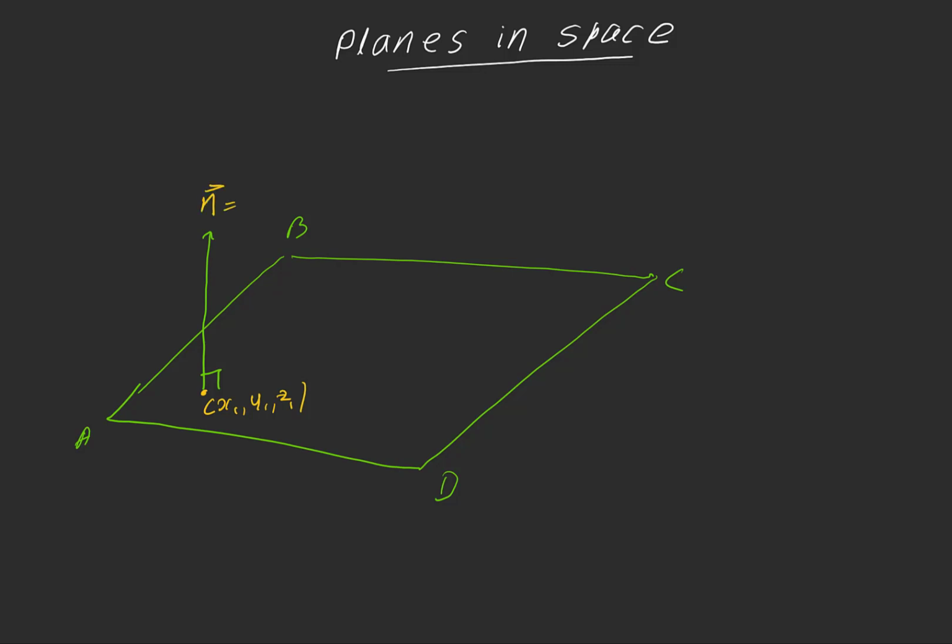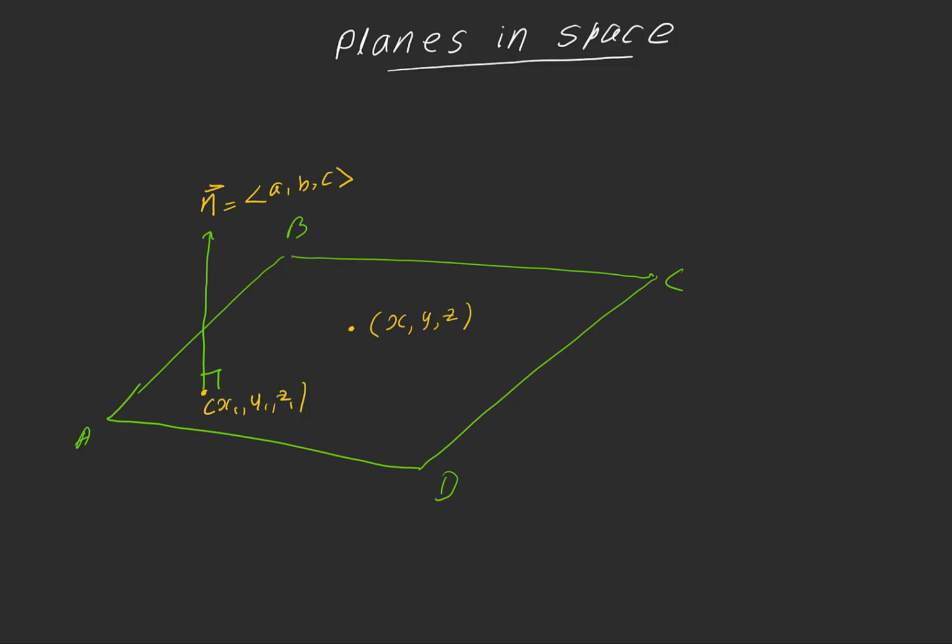I use A, B, C. We can define a special plane. We can first find a point on this plane from anywhere. So this is a general point. We don't know this exact one. So I use x, y, z.